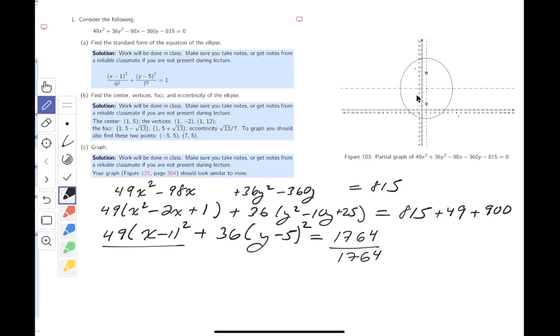Again, we're attempting to get in standard form. Okay, what do you get? You get 1. Here, well, let me just mention to you that 49 times 36 is 1764.